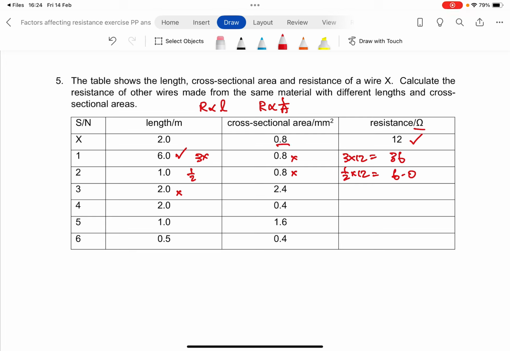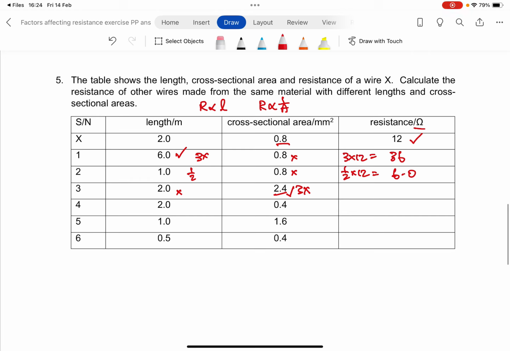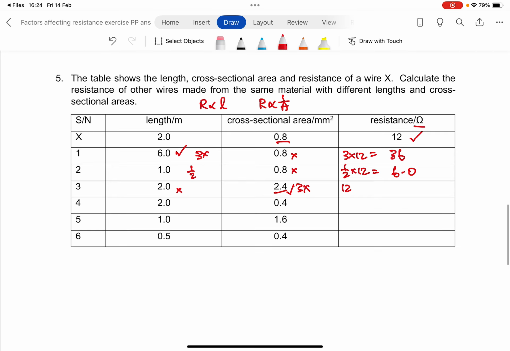So now the area is 3 times, right? Okay, 3 times the area. We have area is 3 times, therefore the resistance will be divided by 3. So 12 divided by 3 is 4 ohms.